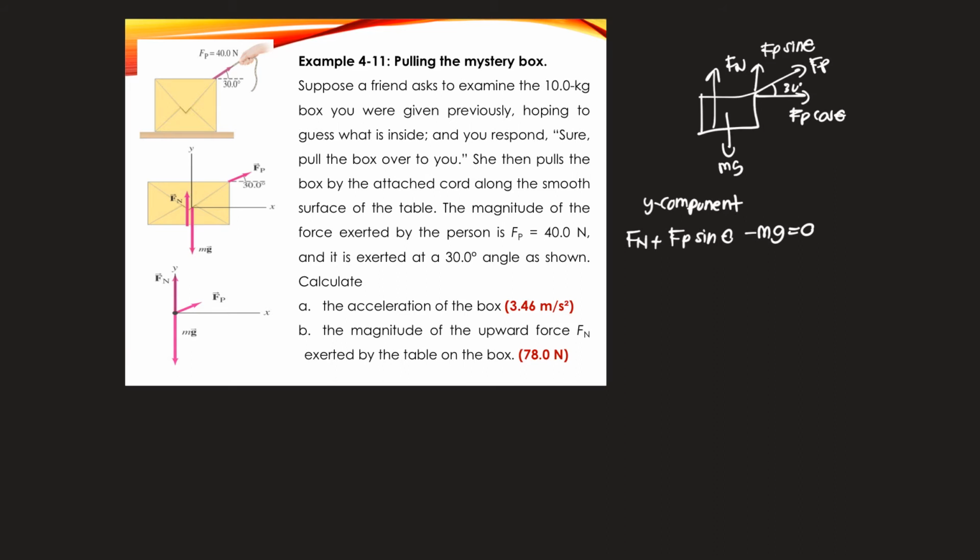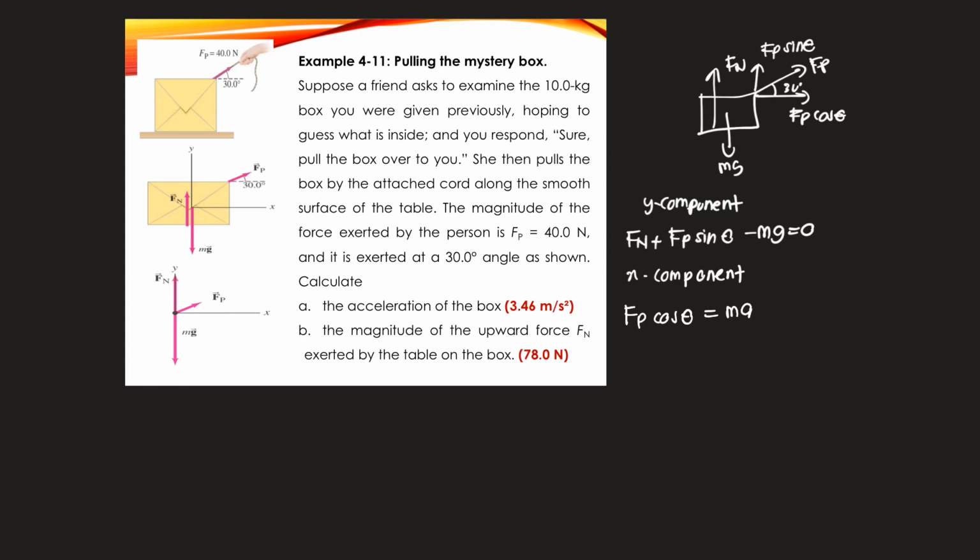For the x component, you are moving forward, moving horizontally, so the equation is going to be Fp cos theta equals ma.